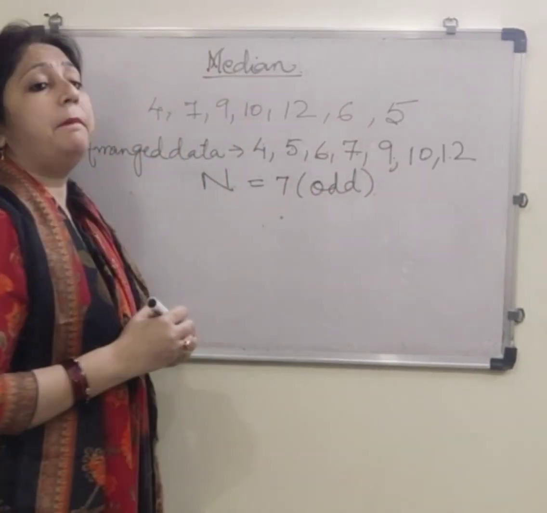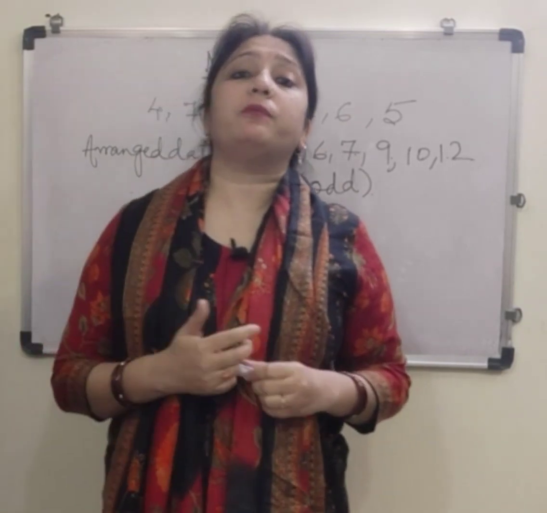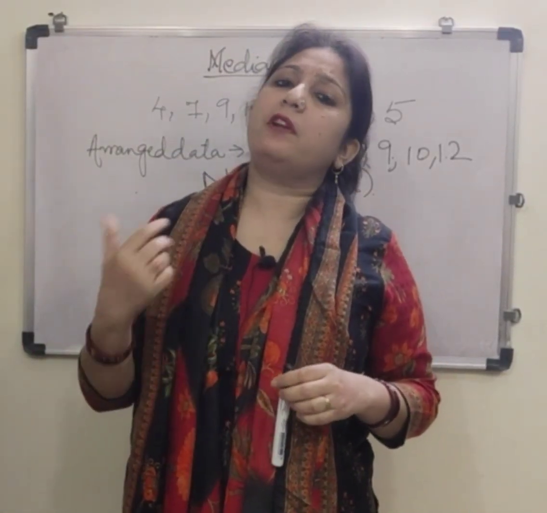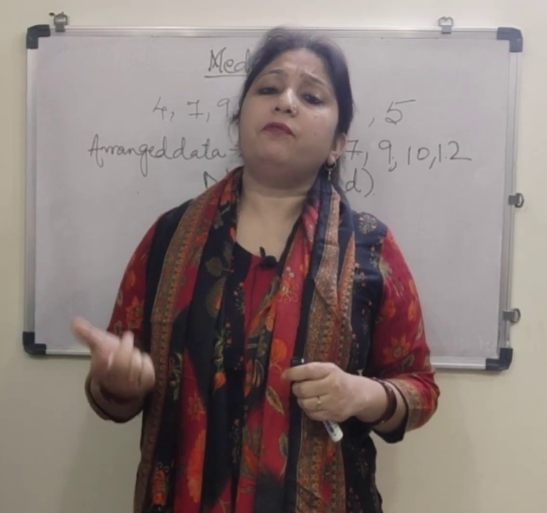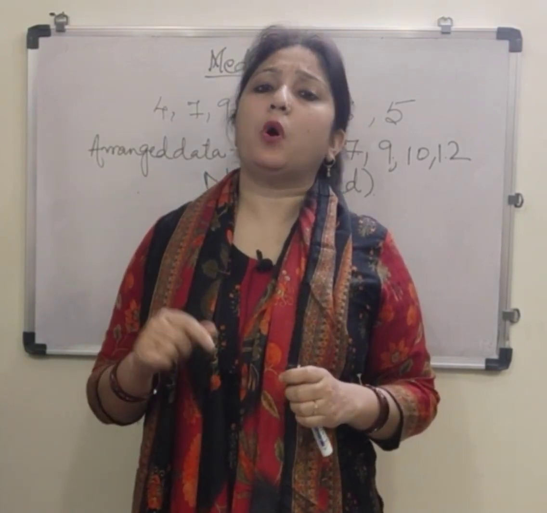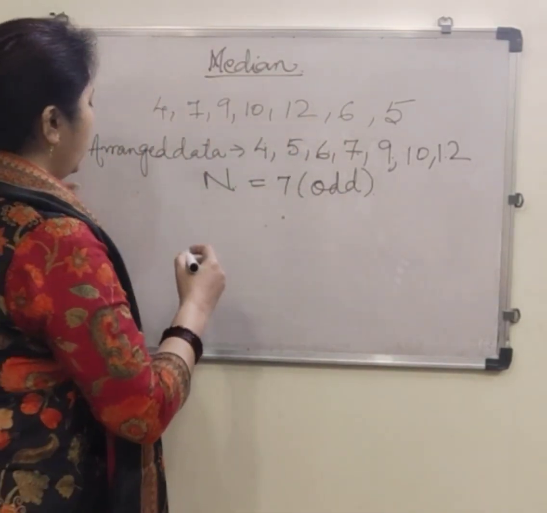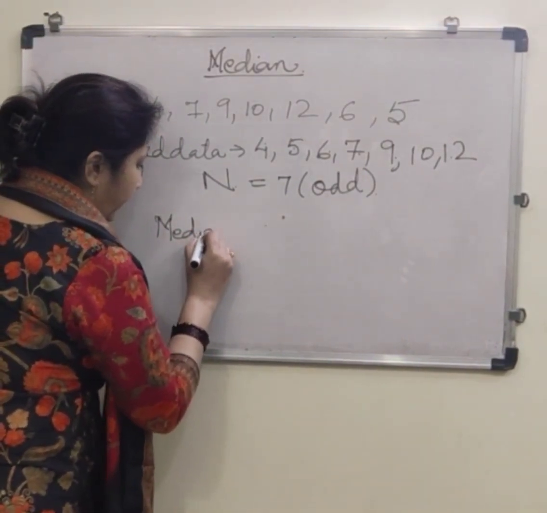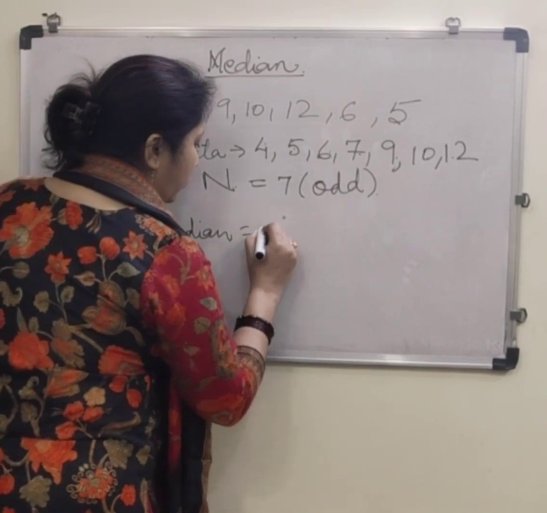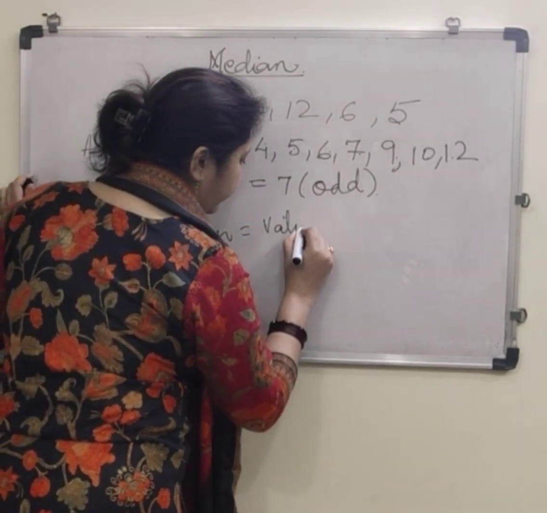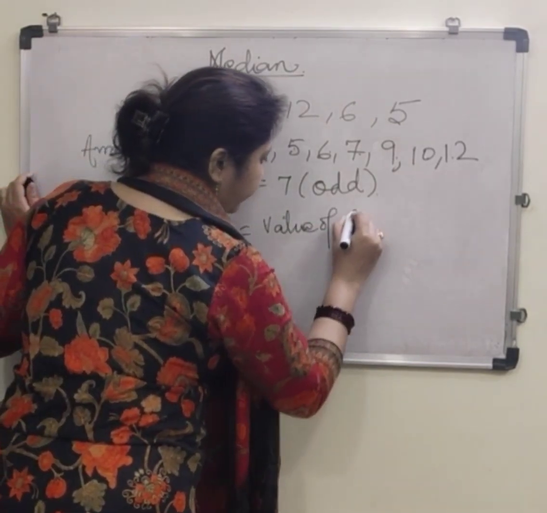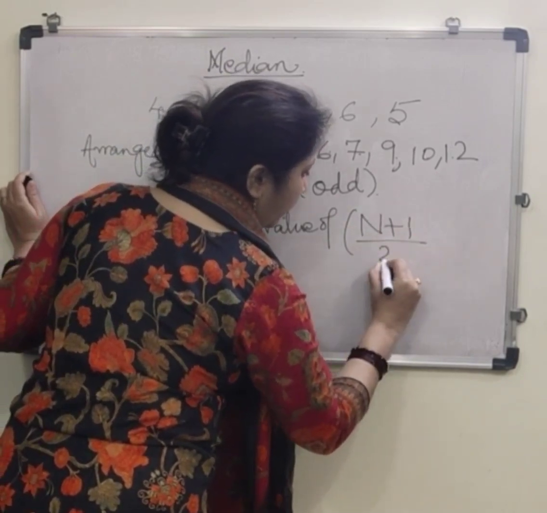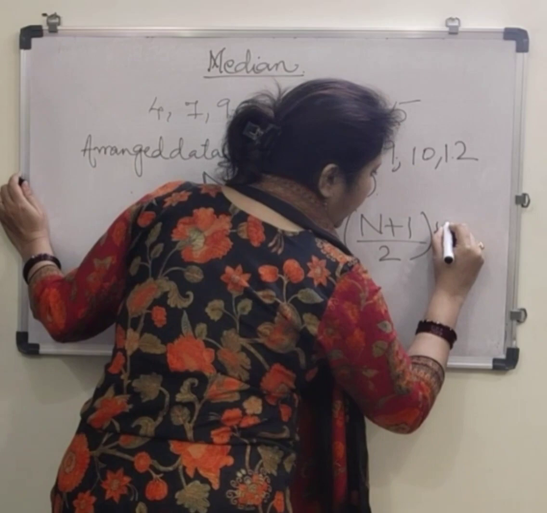Now, depending upon the number of observations, odd or even, we have different formulae. First let us discuss the odd one. For odd, median is equal to the value of the (n plus 1) whole over 2th term.